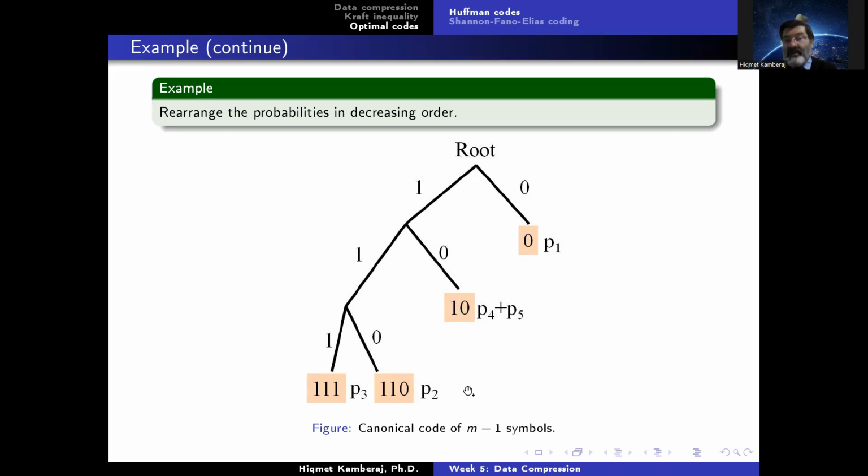Then I delete all the descendants of it. Then the next ones become 1, 1, 1 and 1, 1, 0. You can see that this is a Huffman code, because p_2 and p_3 change only in the last bit, one has 1 and the other 0. So this is now an optimal Huffman code with M minus 1 symbols.